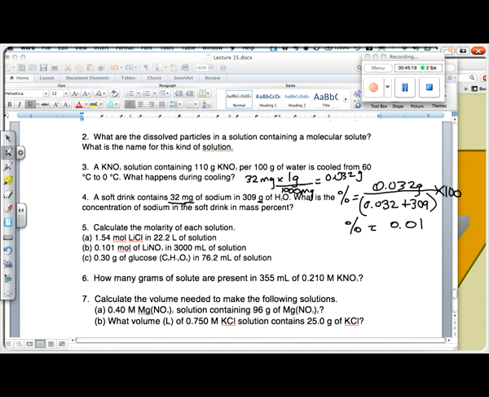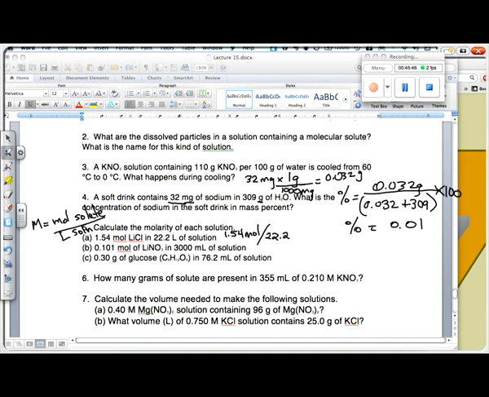All right, calculate the molarity. Molarity, big M, is equal to moles of solute over liters of solution. Okay, solution, SOLN is an abbreviation for the word solution. So for the A, I'm going to take the moles of my solute, which is 1.54 moles, over the liters, which is 22.2.